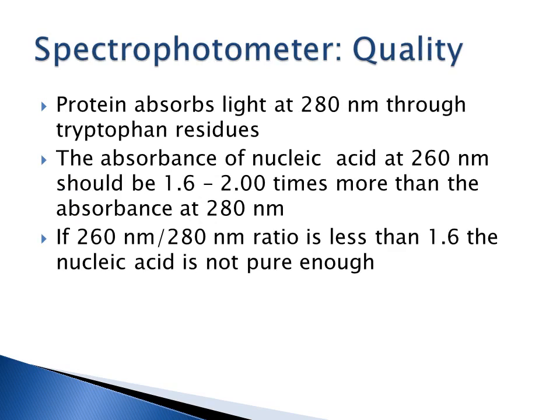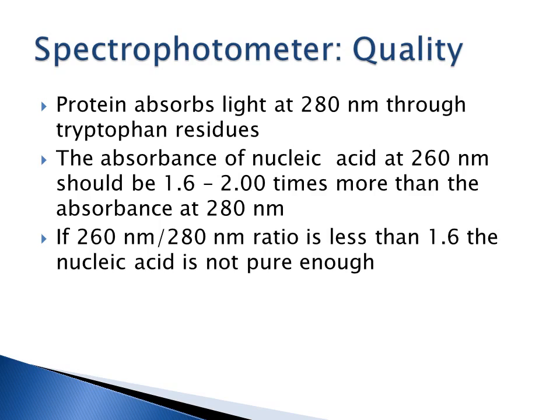Your spectrophotometer, in addition to measuring quantity, also measures quality. So your nucleic acids absorb light at 260 and your protein absorbs light at 280 nanometers through tryptophan residues. So the absorbance of nucleic acid at 260 nanometers should be 1.6 to 2 times more than the absorbance at 280 nanometers.